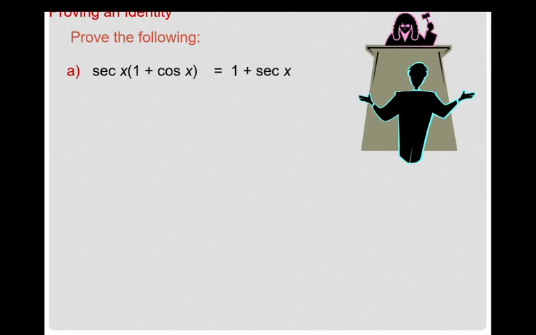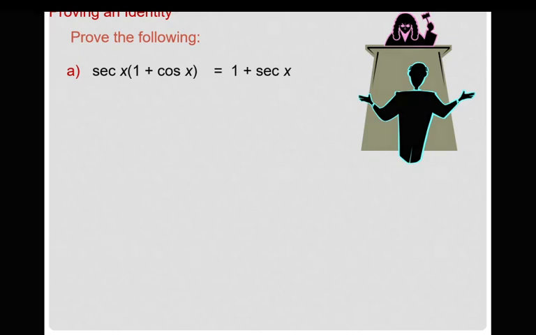Okay, if we're proving or verifying this, following our steps, we start with the more difficult side first, which means we're dealing with the left side, right? And we're going to change it to get it to 1 plus secant x. I've given you the answer. That is what we're trying to get the left side equal to, so it gives us an idea where to go.